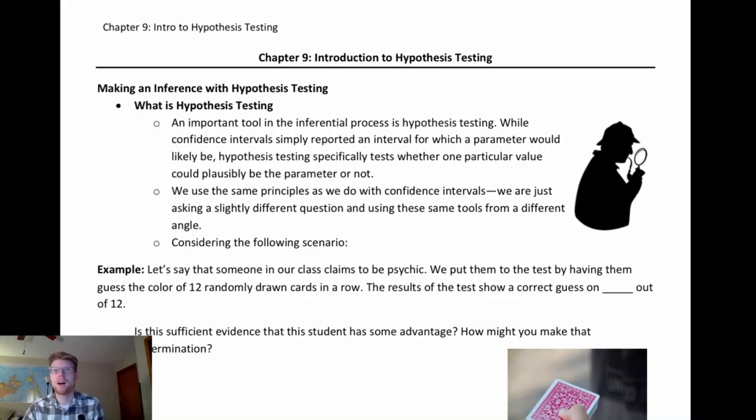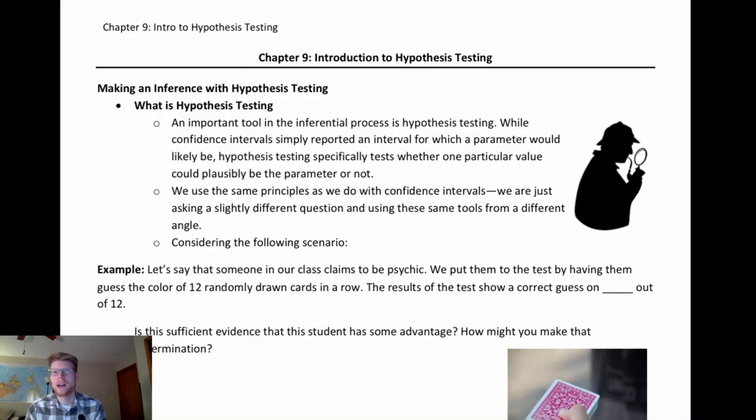So instead of starting with our sample statistic and trying to provide an estimated range for where that parameter could reasonably be, we are actually going to start with a hypothesized parameter value that we're going to call the null hypothesis. And then we're going to make a judgment about how likely we are to get the sample result we did if this candidate parameter really is the parameter.